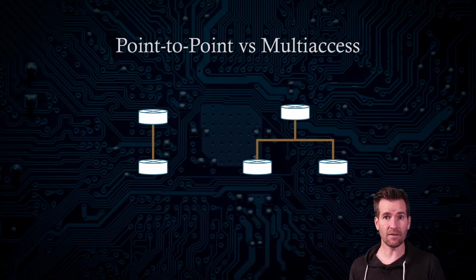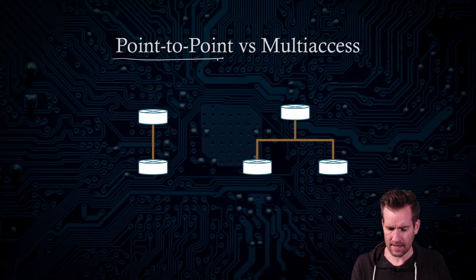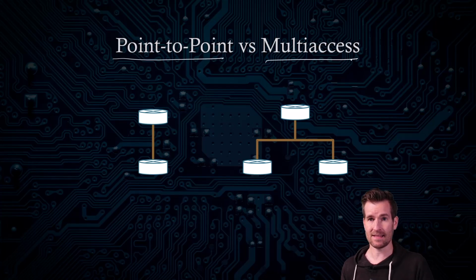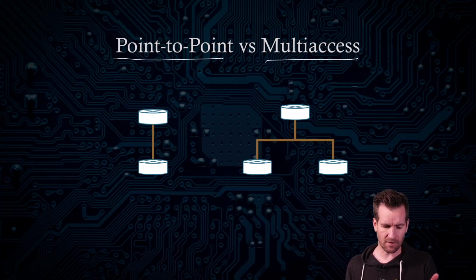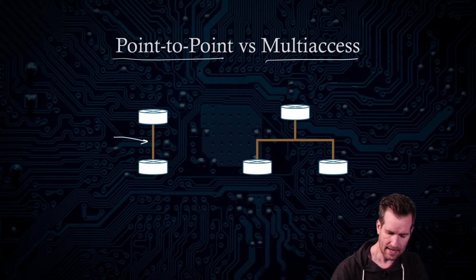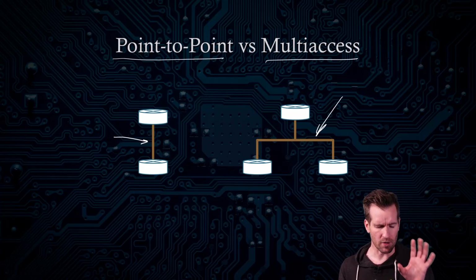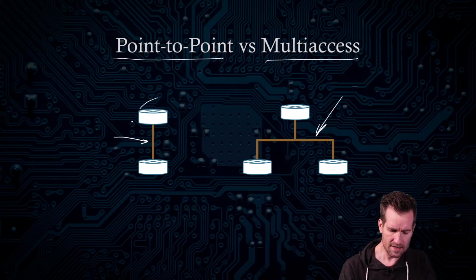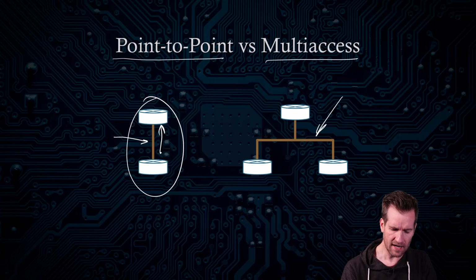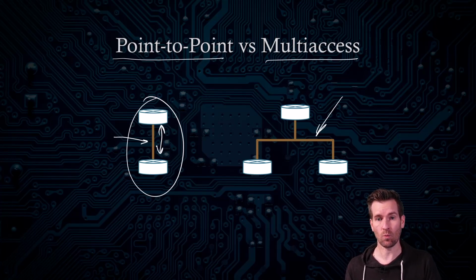So what is the difference between a point-to-point network and a multi-access network? Well, when we're talking about the difference here, we're really talking about the layer 2 protocol. What is connecting these devices? But just to step back from a more simplistic view, point-to-point protocols are two devices that are talking directly with each other.